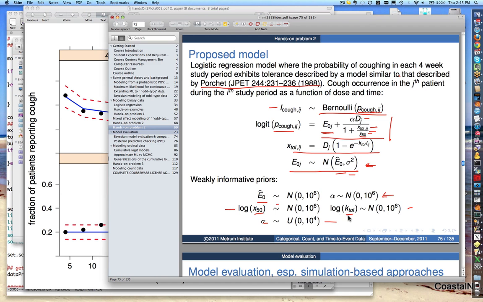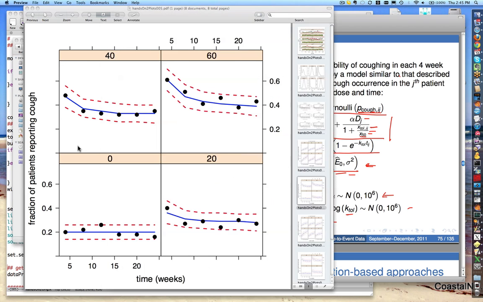In particular, I put a lower bound on both the KTOL and the X50 parameters to keep them from being driven to zero and collapsing the model as a result. By the way, one of the reasons I suspect we're having trouble with those is if you look at the time plots on here, notice that things pretty much reach an equilibrium, a steady state.